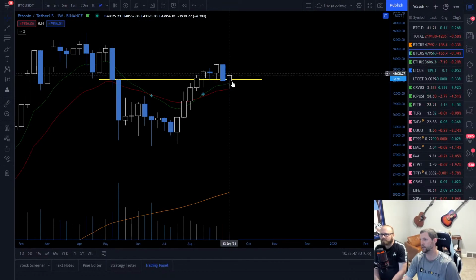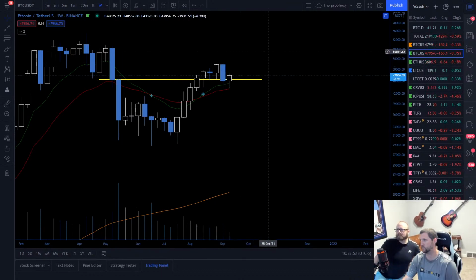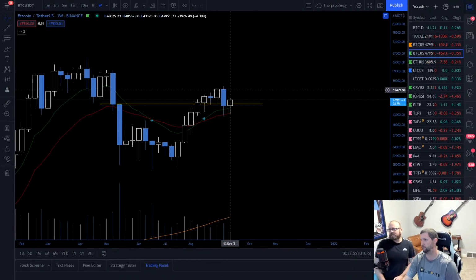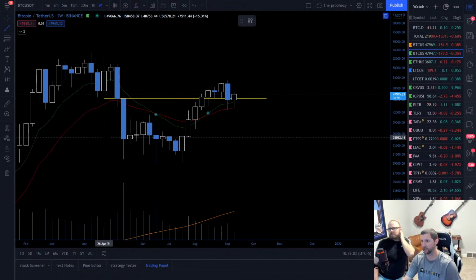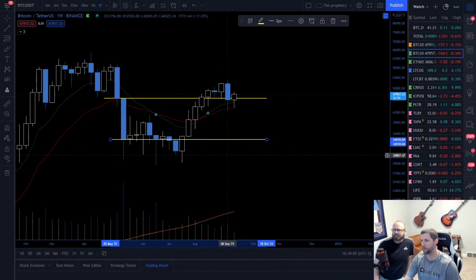So this week is going to be a pretty big week, because we want to see if buyers can reclaim this. If buyers reclaim this, that tug-of-war is going to be won by buyers, and they're going to be strong. If sellers reclaim, they get us back into this sketchy area where we get nervous. And if we get back below this big breakdown, this big volume area, then we're probably going to see a big drop.